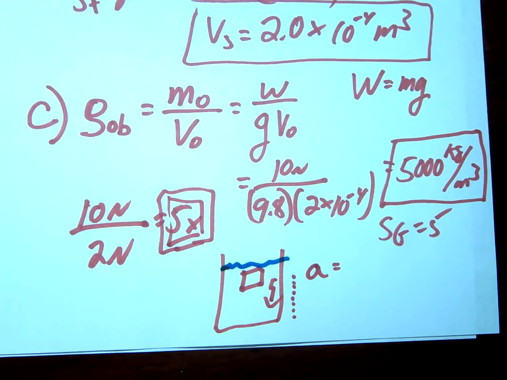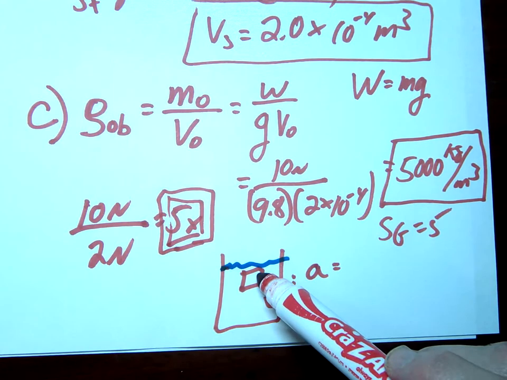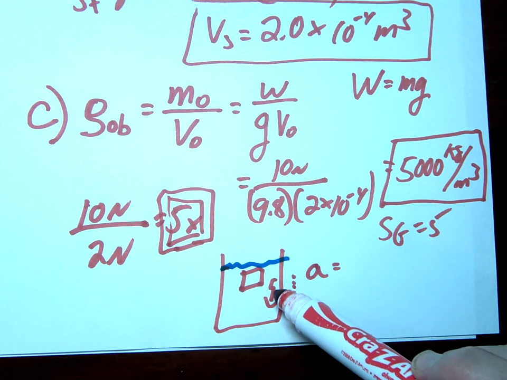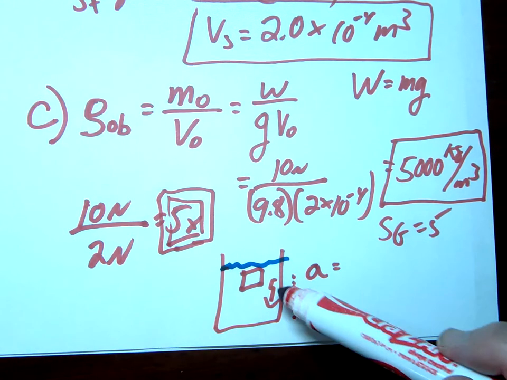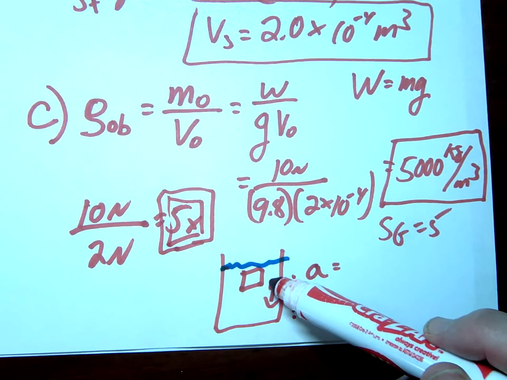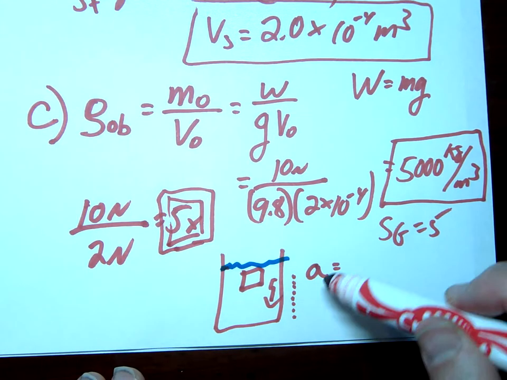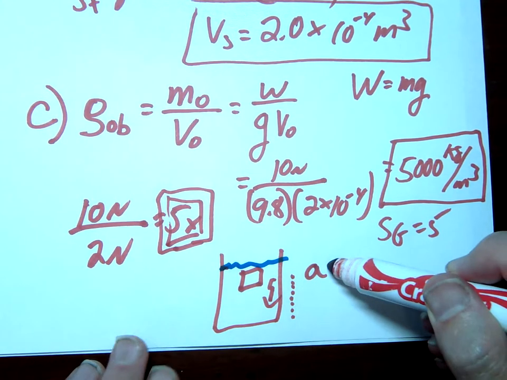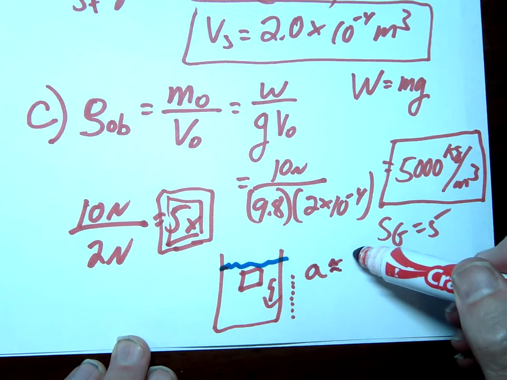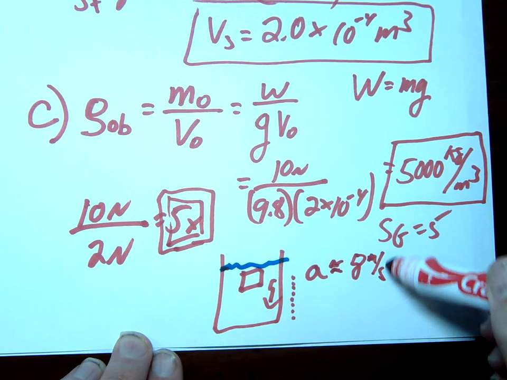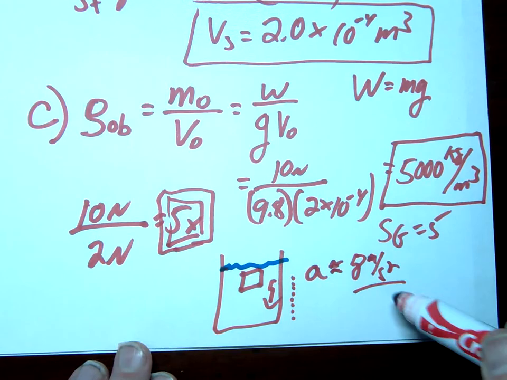I'll leave that question for you. See if you can calculate the acceleration of this object as it falls through the water. It may be a conceptual question. Does the acceleration increase as it goes down, or is it a constant acceleration? I'll leave that for you. Go ahead and try to solve it. When you solve it, you should be getting about 8.